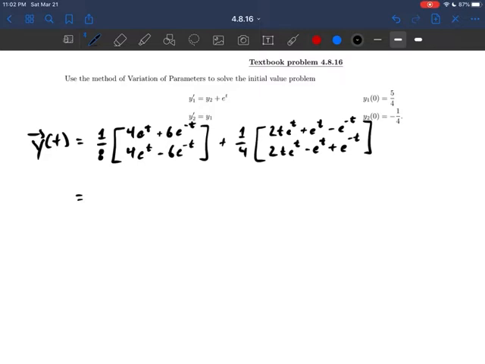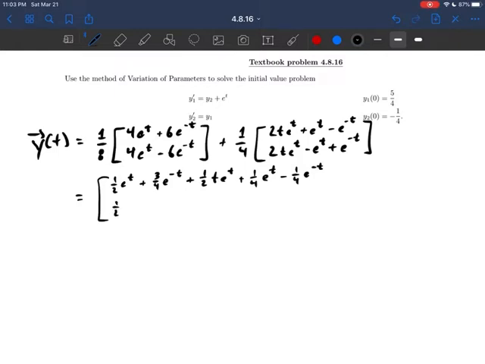Combining those together, bringing our fractions in, we get 1/2 e to the t plus 3/4 e to the minus t plus 1/2 t e to the t minus 1/4 plus 1/4 e to the t minus 1/4 e to the minus t.